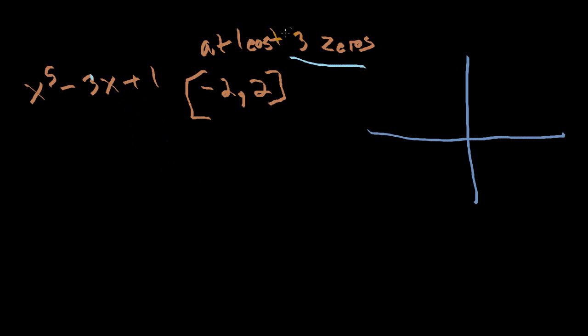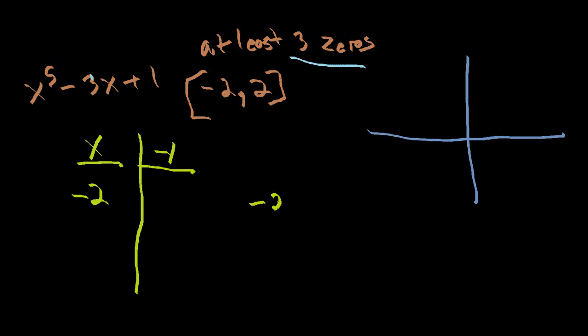Now it's very simple to answer this question actually. All you have to do is, let's say we want to plug in -2 into this function. What kind of output will we get out? So if we had an x of -2, we would get a y value, or the output, as, well, let's say -2 inside this is going to be up to the 5, then -3 to the -2, then +1.